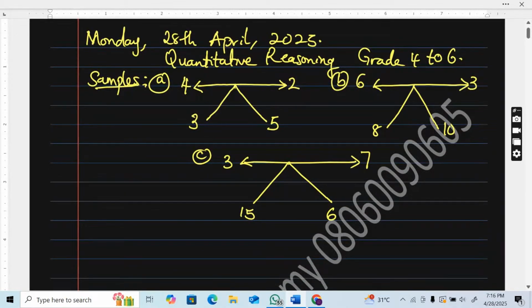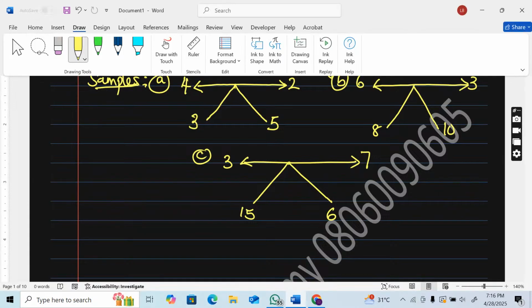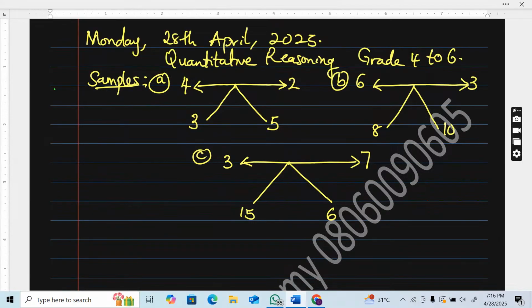Let's look at sample A. If we look at sample A, we can see 4 pointing at 2. Then we can see 3 and 5. All right. So if you look at it very well, how can we get 4? How can we get 2? How can we get 3? And how can we get 5?